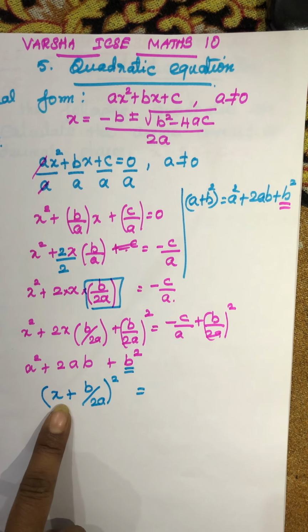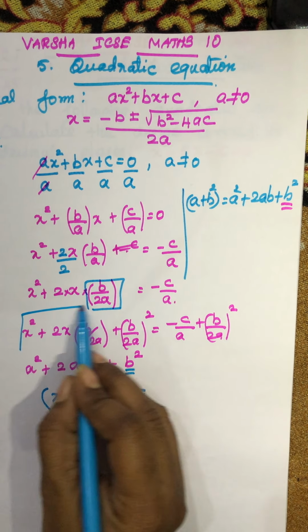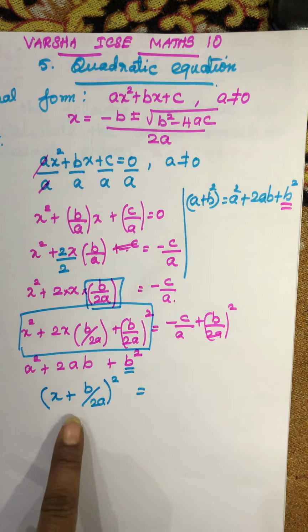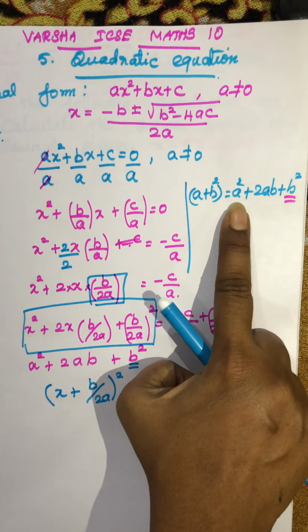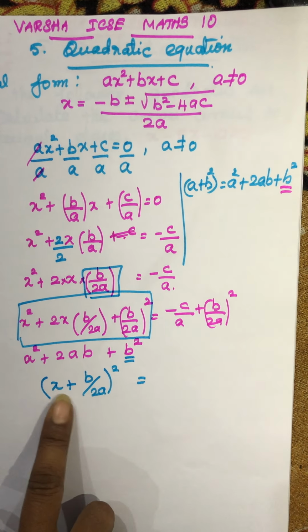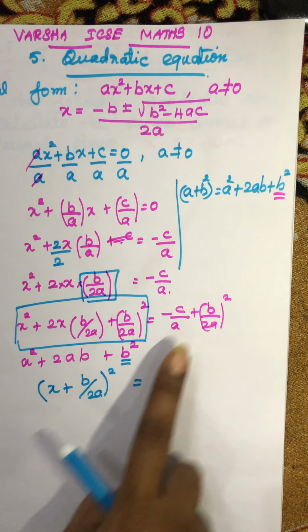So do you understand this step? You have 3 terms but it is changed into 2 terms because of the formula. Okay, so x plus b by 2a the whole square.